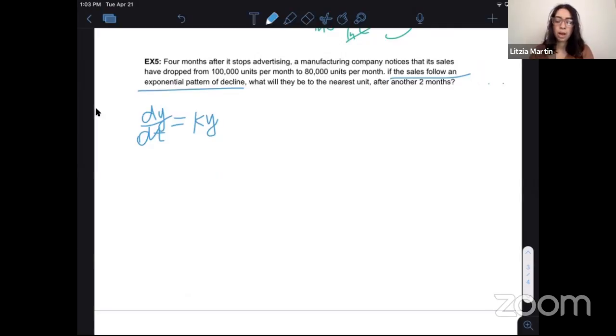We're going to let y be, what is it representing? The number of sales or number of units. Right? So the rate of change of the number of units over time is going to be directly proportional to the number of units.